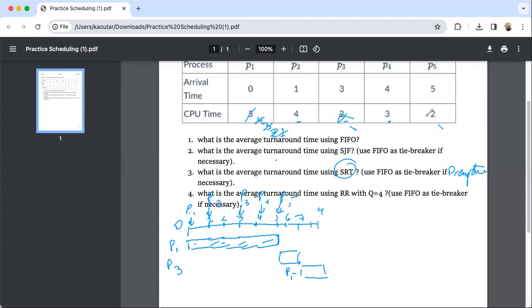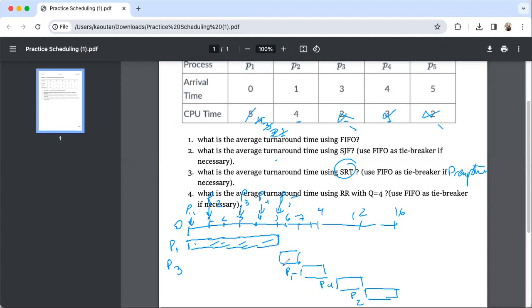So P2, P1 and P3 and P4 are gone. The next shortest is P4, right? P4 from 9 to 12, right? And then lastly, we have the process P2, which will run from 12 to 16.